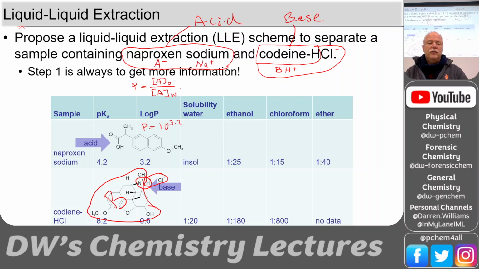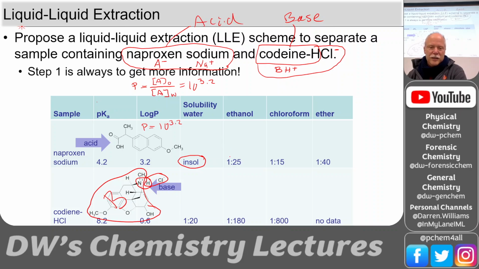So 10 to the 3.2. You see how that's much more fat soluble than water soluble. We can also just scoot to the right and look at the water solubility. Insoluble. But it's nice to understand that if you just have log P listed, you could get that same information, and it's probably not very soluble in water, definitely soluble in octanol.